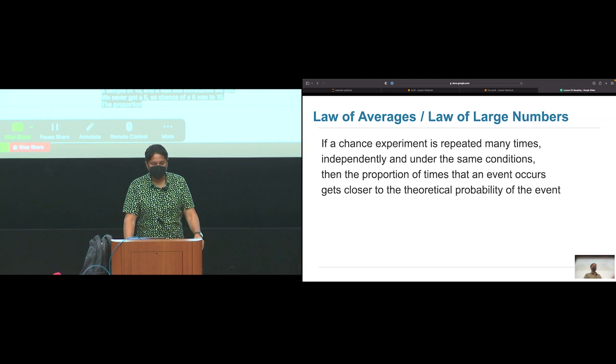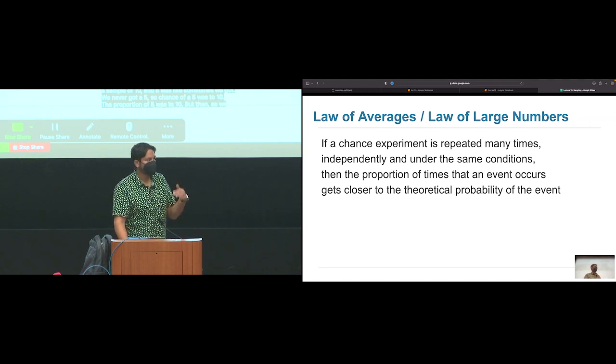But then as we started going up to 100 or 1,000, it got closer and closer to 1/6. In fact, all the values got closer and closer to 1/6. So basically all of the possible events got closer and closer to the theoretical probabilities. All right, and it's pretty interesting, and we're going to see this phenomenon happen for basically any random quantity.